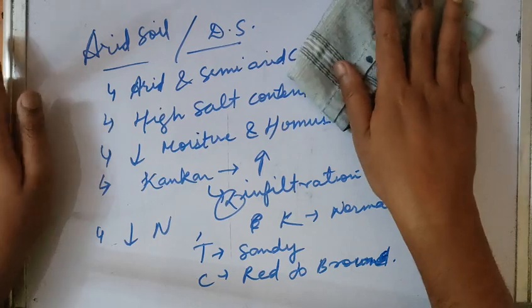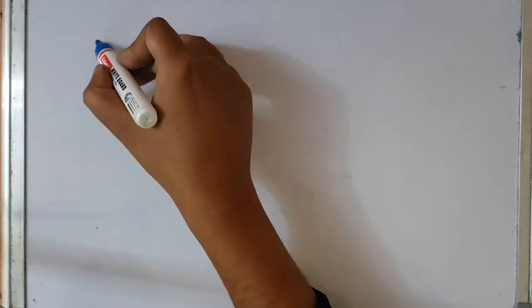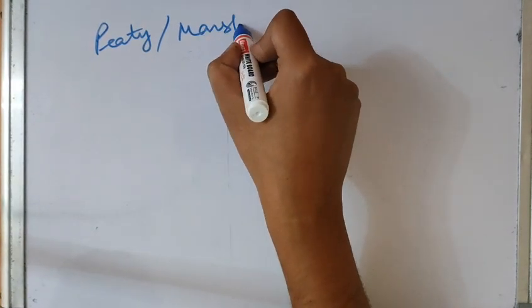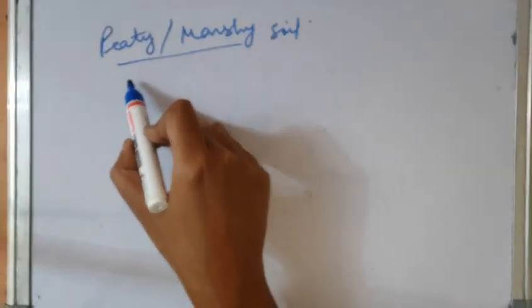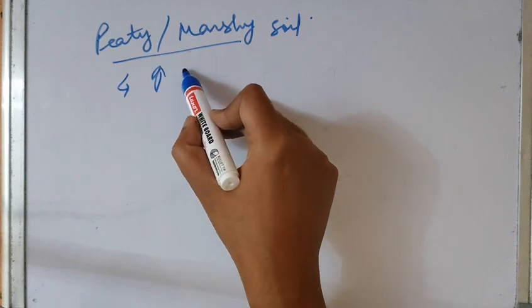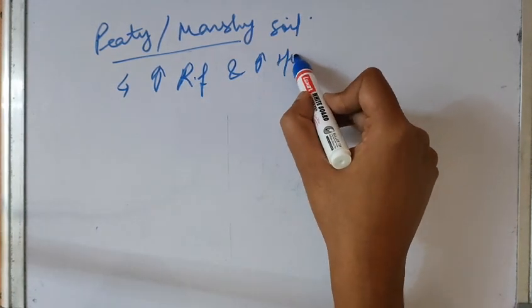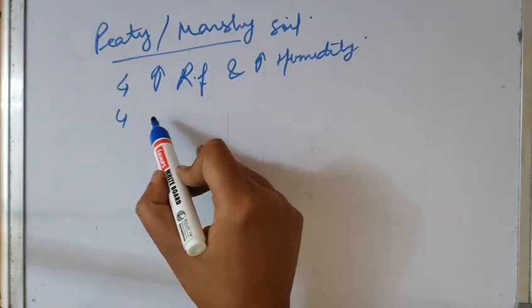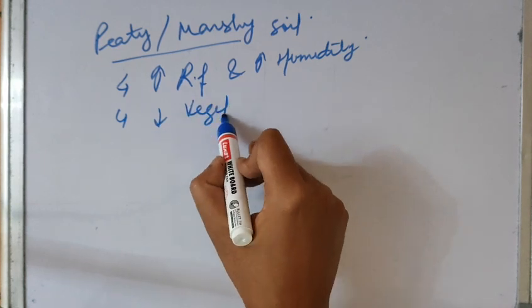Now moving on to peaty or marshy soil. It is in areas of high rainfall and high humidity. Growth of vegetation is very less. Less vegetation is seen in this area.